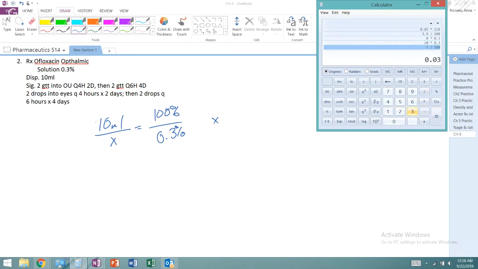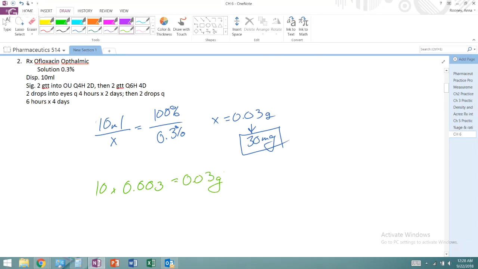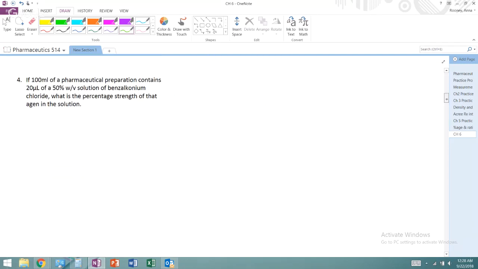That equals 0.03, which is 30 milligrams, because this is grams. And the other way that you could do it is 10 times 0.003, which equals 0.03 grams. And that also equals 30 milligrams.